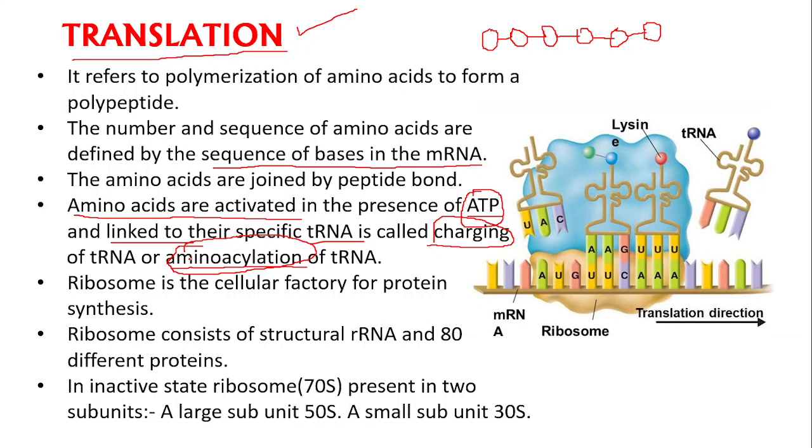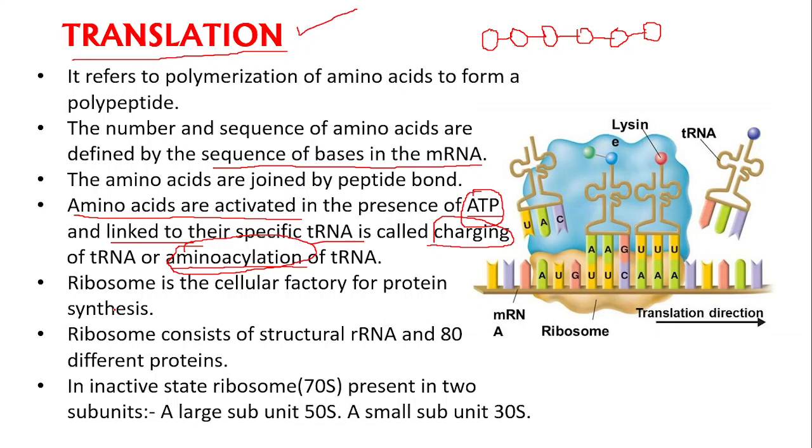That particular process of binding of activated amino acids to the particular tRNA molecules is called amino acylation of tRNA.